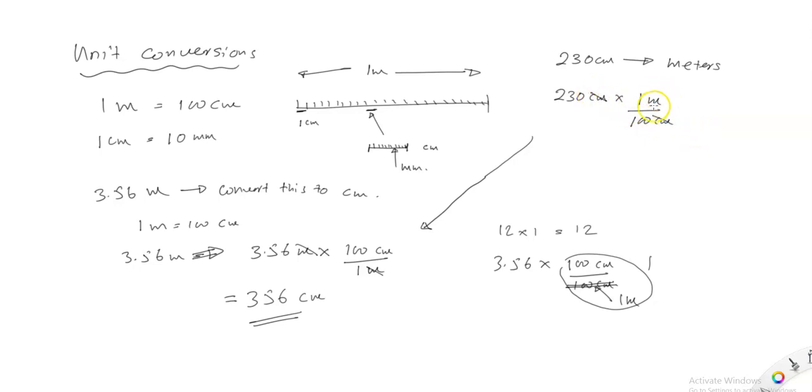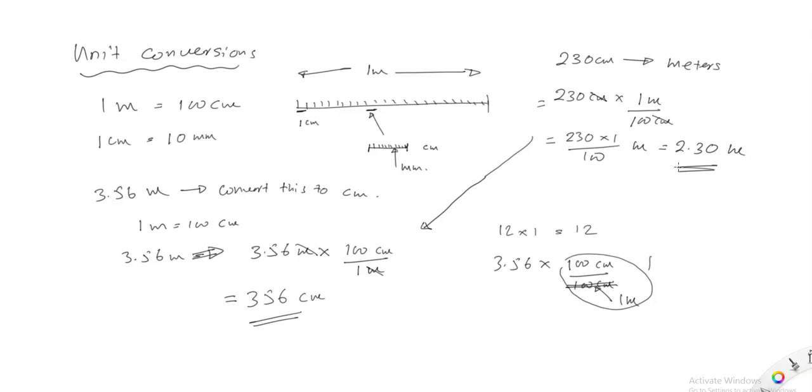The leftover unit is meters. So we have 230 multiplied by 1 over 100 meters, which equals 2.30 meters. So this is how you do a simple unit conversion.